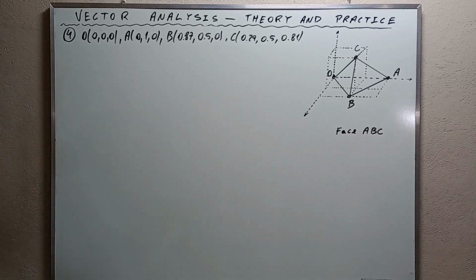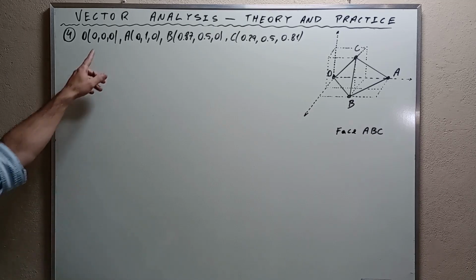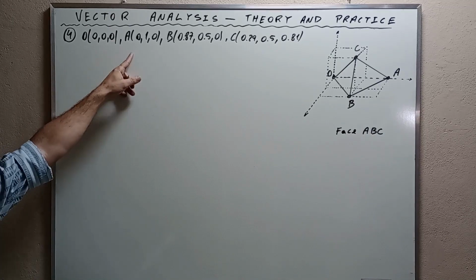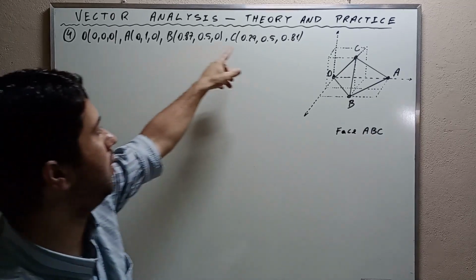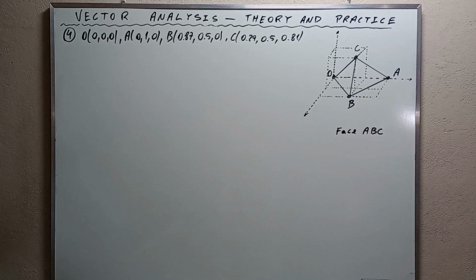The 4 vertices of a regular tetrahedron are located at the points the origin, point A, point B, and C. Letter A, find the unit vector perpendicular to face ABC, pointing outwards. And letter B, find the area of the face ABC.